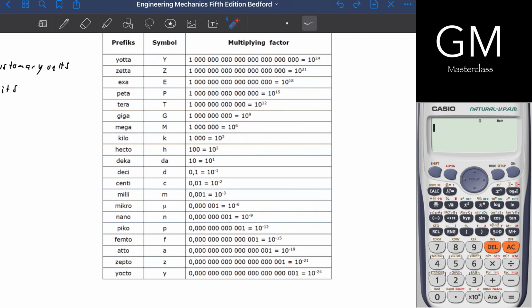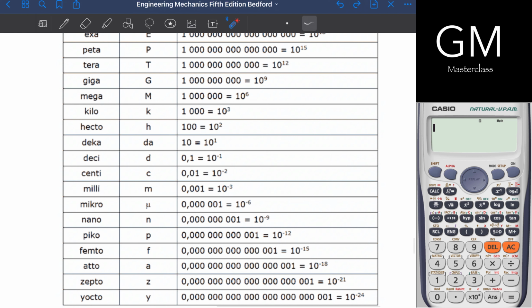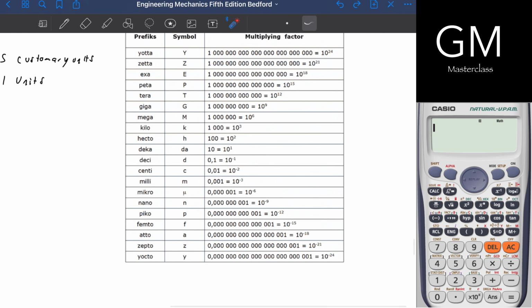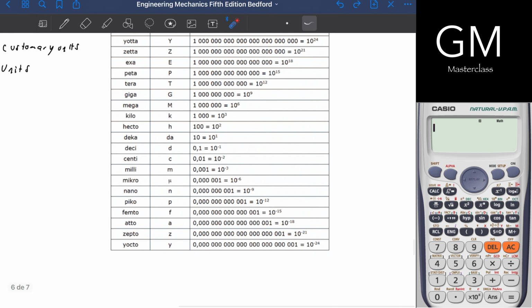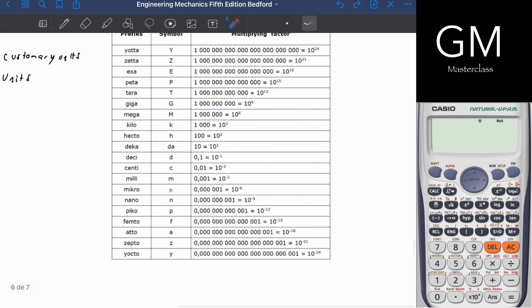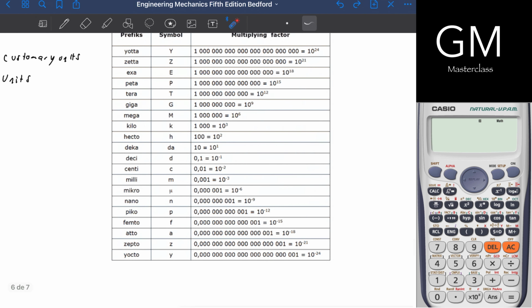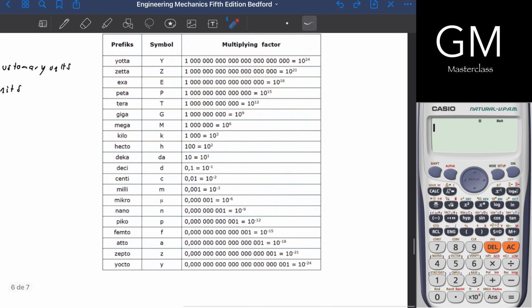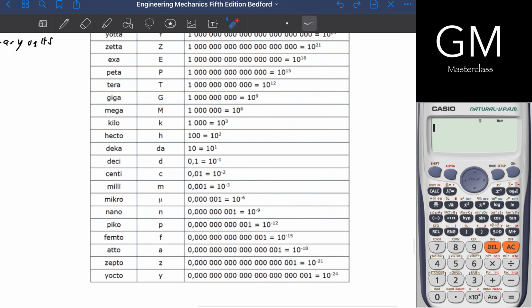Here you'll have the unit, in which if you have maybe deci, it is going to be equal to 10 to the minus 1 power. Then this is pretty easy to memorize. I actually have memorized it because it is important for me.